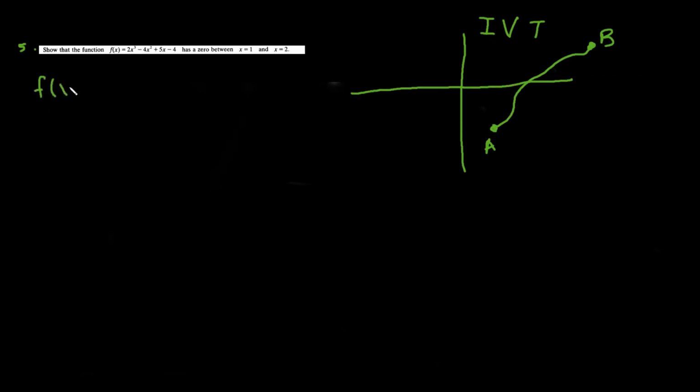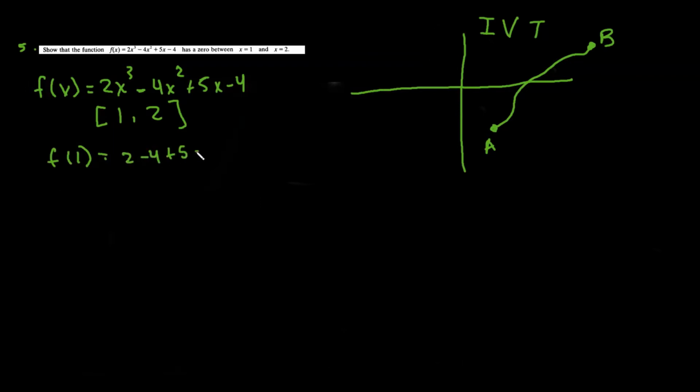We know that this function is definitely continuous. There's no point of discontinuity here. And our interval is 1 and 2. Show that there is a zero between these two. If I plug 1 into this function, I get 2 minus 4 plus 5 minus 4, so I get negative 1.